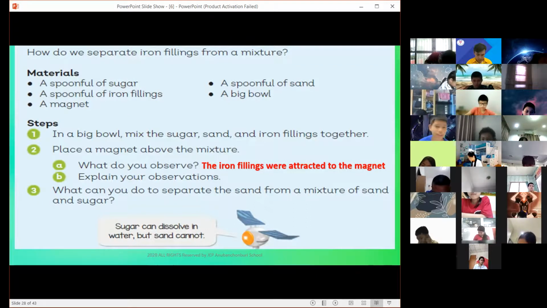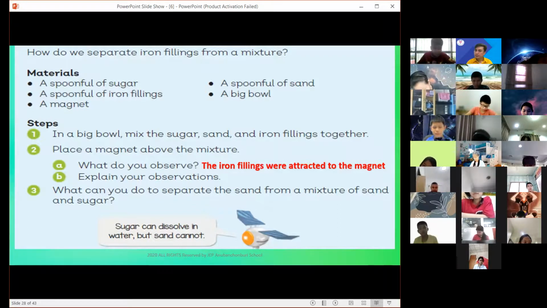Don't know. Anybody? Let's ask Natawat this time. Natawat. The magnet will attract the metal. Very good, very good. The magnet is attracting the metal, right?